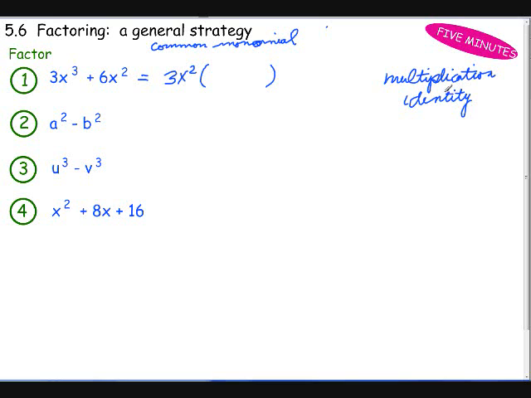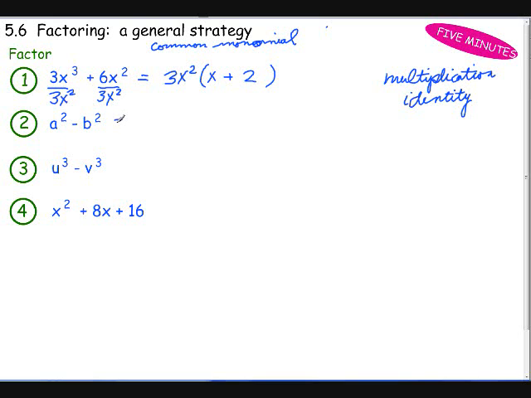If that's not obvious to you why I'm saying that, let's think about this for a minute. When this is divided, oh, it's not going to come up yet, is it? Because we're going to have 3 divided by 3, which is 1, and this will give us the plain old x. And this one, when we divide it by 3x squared, is going to come up with 2.